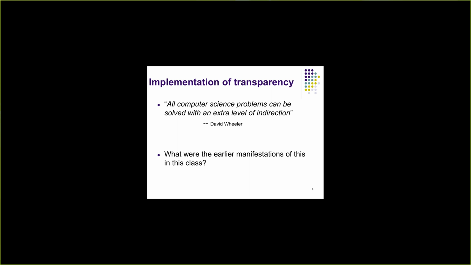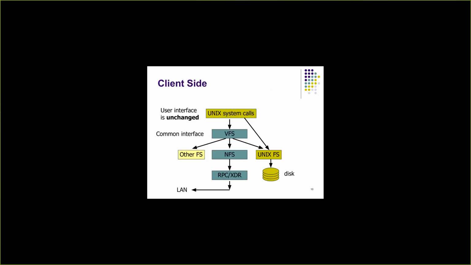So what happens under the hood, on the client side, in case of Unix. In Unix, we have a virtual file system that is actually the common wrapper for all the file systems in Unix. So Unix provides a virtual file system, and depending on the implementation of the underlying file system, the actual function calls or the actual methods used to access the files change. For instance, if it is a local file, we just use regular system calls.